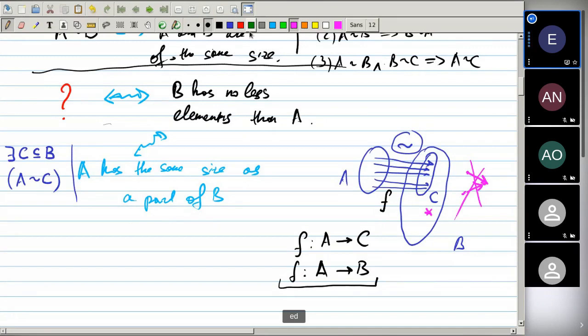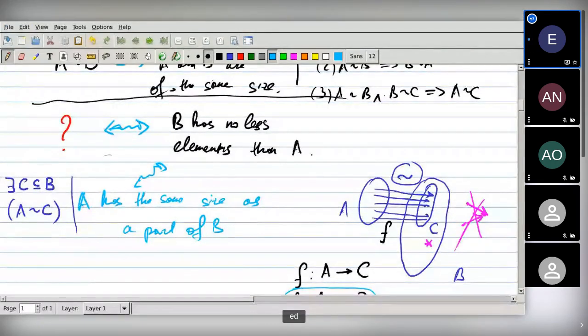And if we look at the same f, the same set of pairs, as a function from A to B, it is still injective. So f is an injection from A to B.